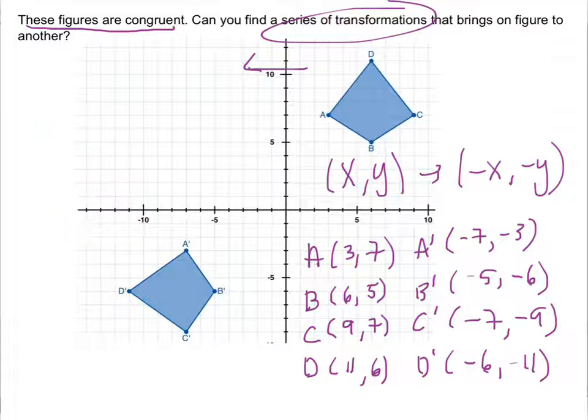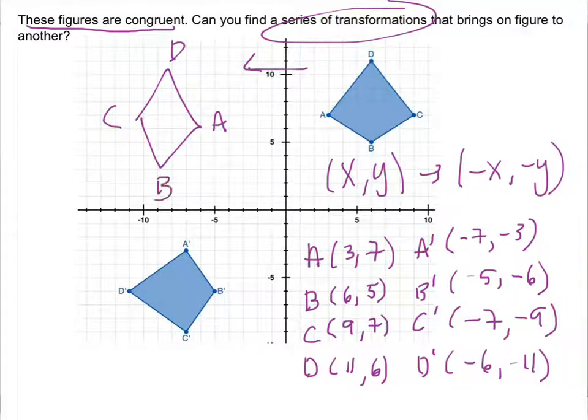So what if I reflect it and then rotate it? If I reflected it over the x-axis, I would get A here, and D here, and then C and B, and then if I rotated it, it looks like I could do that.